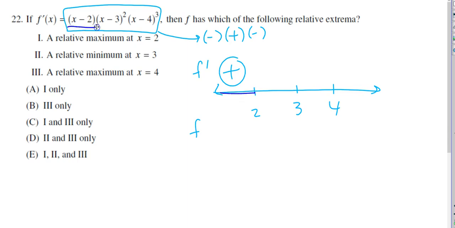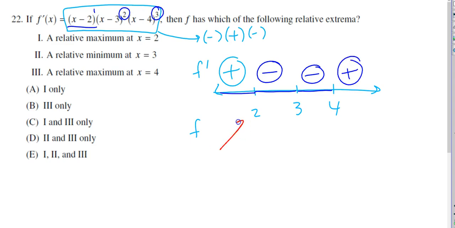That takes me all the way to x equals 2. That has an odd multiplicity, odd, opposite, for that entire interval. That takes me all the way to x equals 3. That has even multiplicity, so even stays the same. That negative is for this entire interval. That takes me to 4, which has an odd multiplicity, odd, opposite.